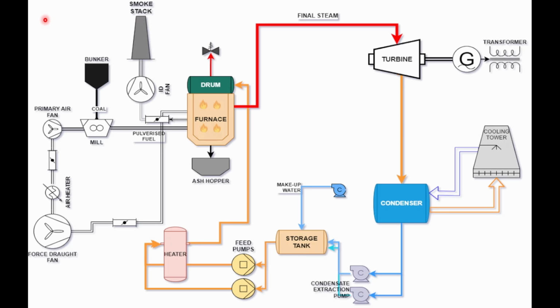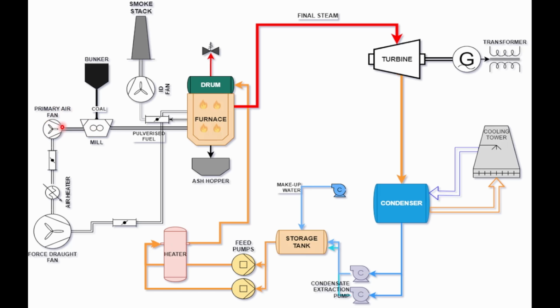The coal into the power station is brought either via conveyor from the mine or using trucks, and that coal is temporarily stored in the bunkers, and those bunkers then send coal directly into the mills, and the mills grind that coal into fine powder.